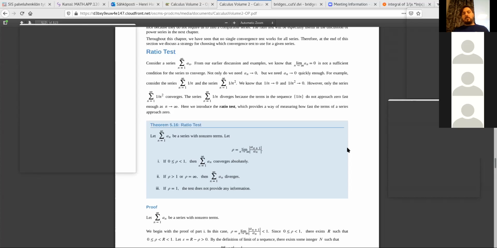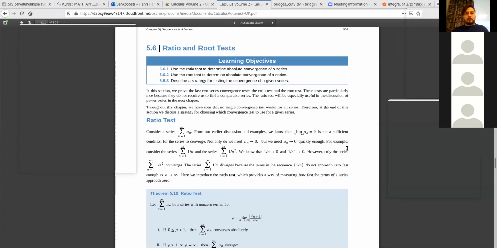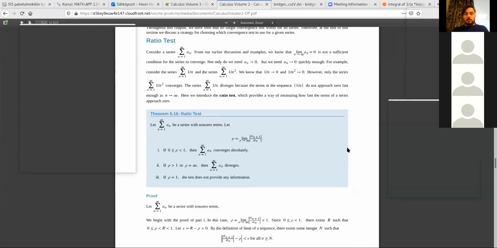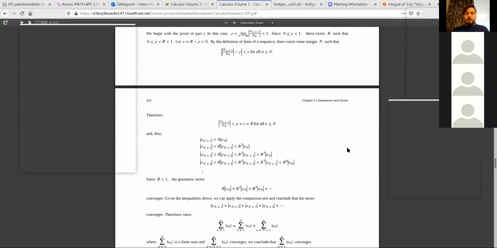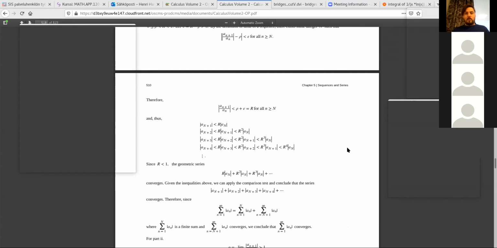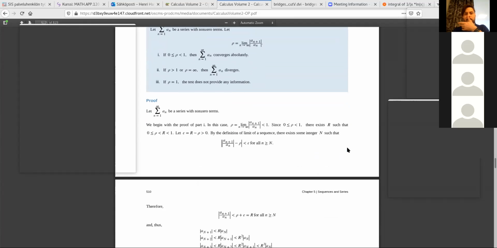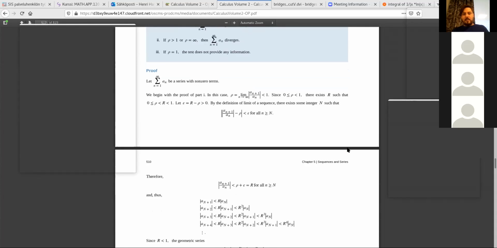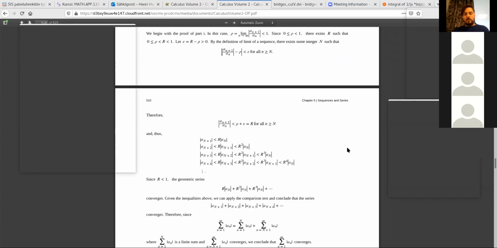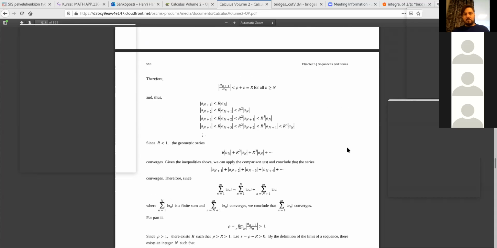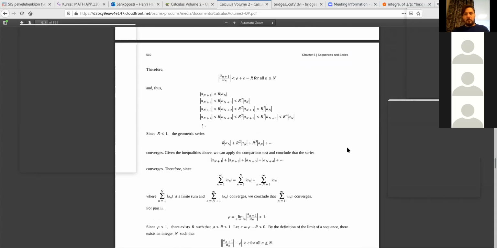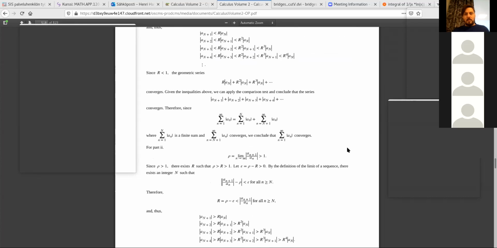So think of the ratio test as a comparison to a geometric series. All right? That's the ratio test. You can look at the proof that this works. It's fairly obvious that you can approximate it with something geometric, with a little bit of algebra.